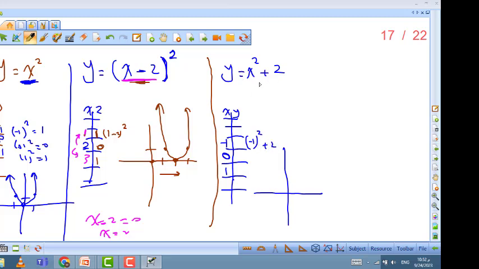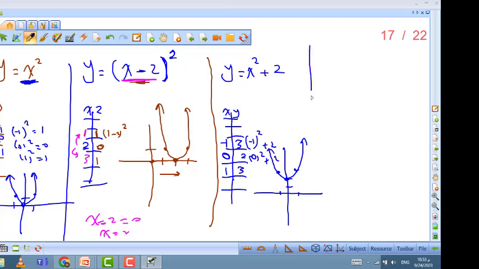Or you can put it in the calculator with f of x equals x squared plus 2, starting from -1 and ending with 1. Then 0 squared plus 2 makes 2. So 0, rise 2. Then -1, rise 3. 1, rise 3. This is my parabola.